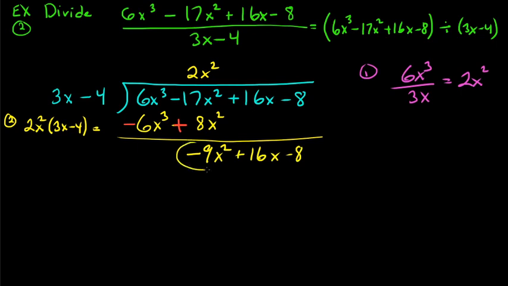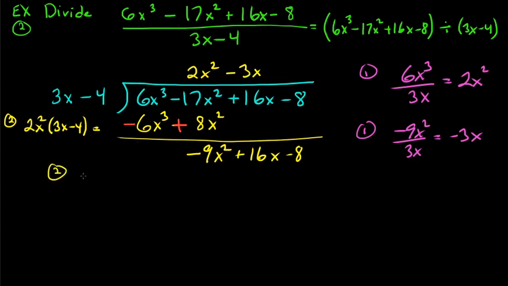However, in the next step, we're only dividing the negative 9x squared by the 3x. So step 1, negative 9x squared divided by 3x is just negative 3x.